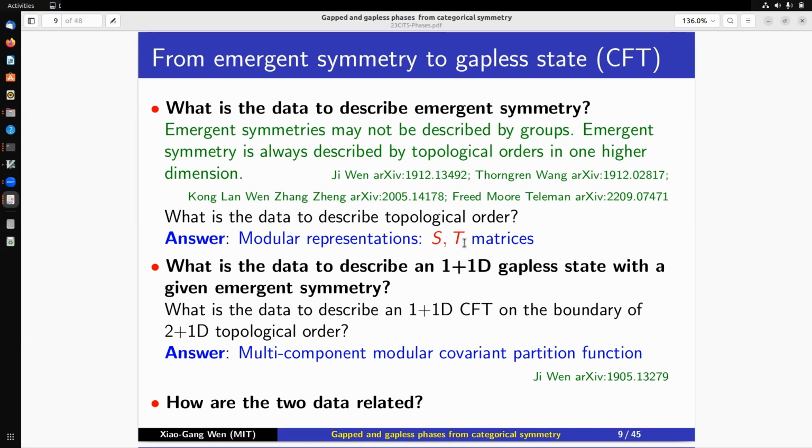So combining these two gives us a way to determine gapless states from the symmetry. Here we use a system with S3 symmetry as an example. I'll try to explore this idea to see how far we can go.